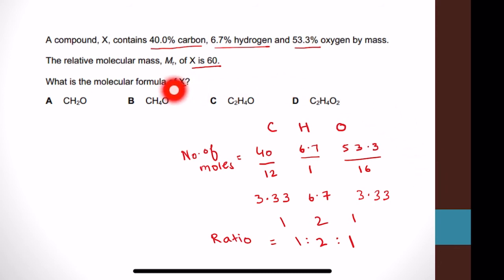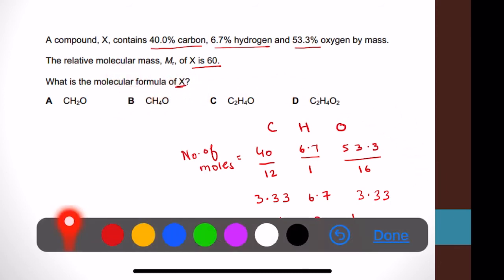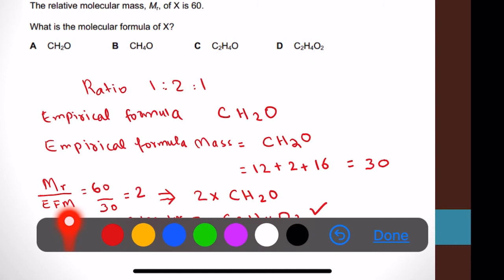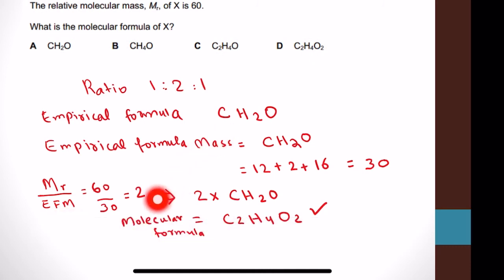The next step is to calculate the molecular formula, which is the actual formula. To calculate it, you must know the empirical formula and the actual molecular mass. First, we calculate the empirical formula mass of CH2O by adding all the atomic masses, which is 30.